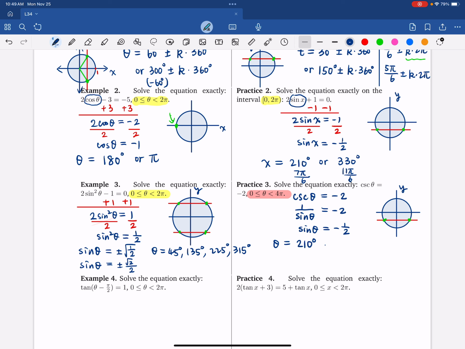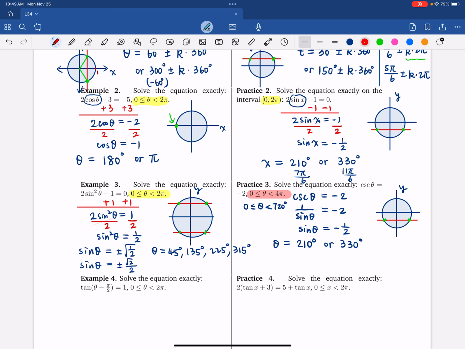They are 210 and 330, right? And then we're going to convert it to numerical degrees, because the angle measurement is in between 0 and 720 degrees. 4 times 180 is 720. We have two more solutions.